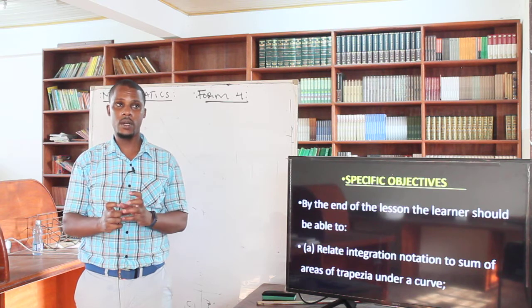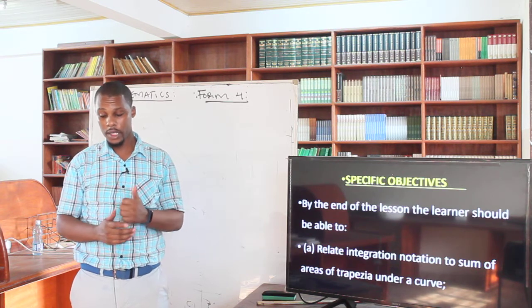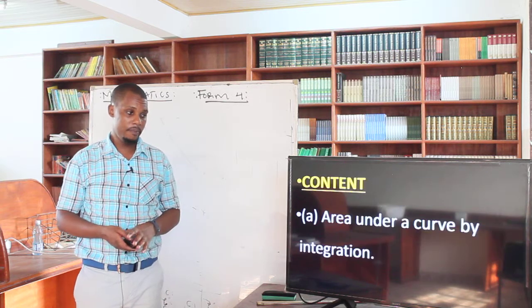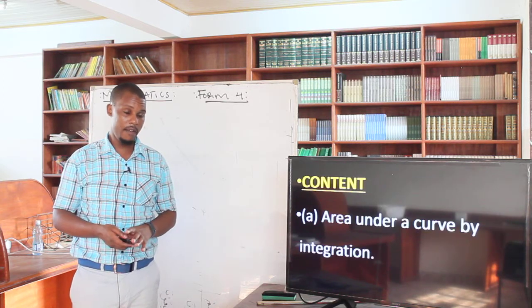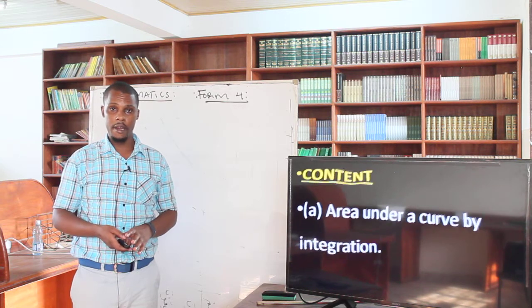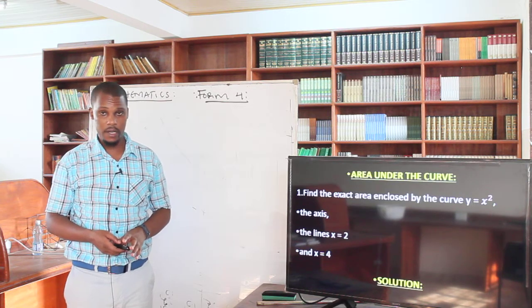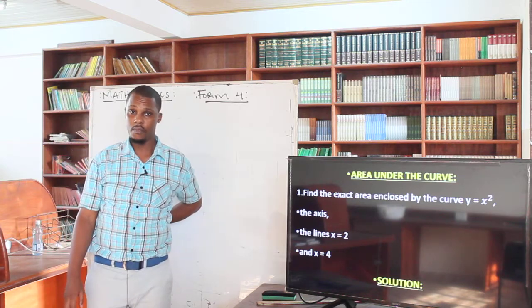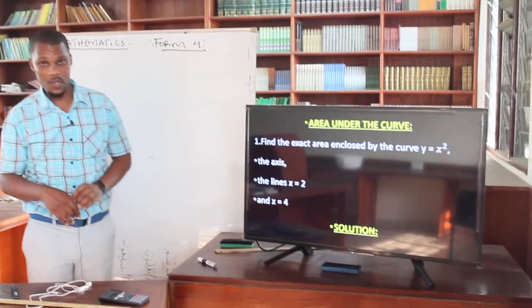Once you grasp that, you will be able to get the exact area. The content is the same as finding the area under the curve by integration. Let's focus on some examples and see whether you can answer those questions.